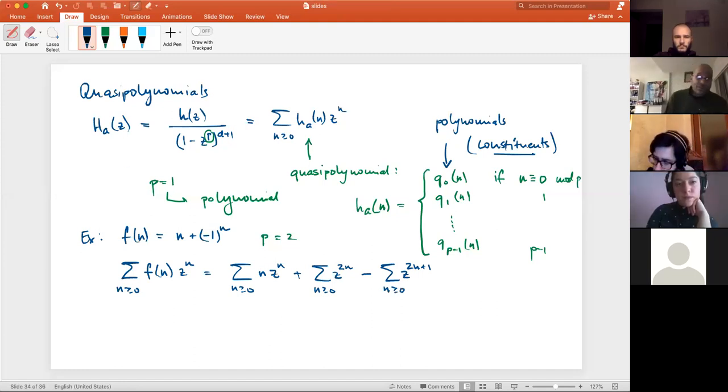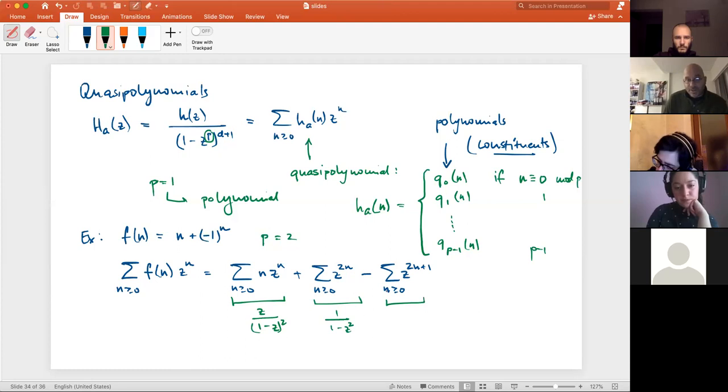And so now you can start computing, and you can see where these extra powers come from. So this is z over 1 minus z squared. And then this is a geometric series in the variable z squared. And this is another one, but I have an extra z up on top.